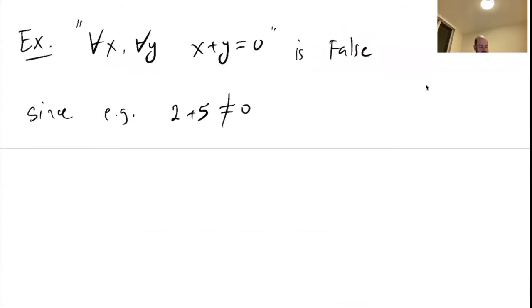Right now I just found one pair, namely 2 and 5, for which 2 plus 5 is not equal to 0. And that's enough to show that this statement is false.